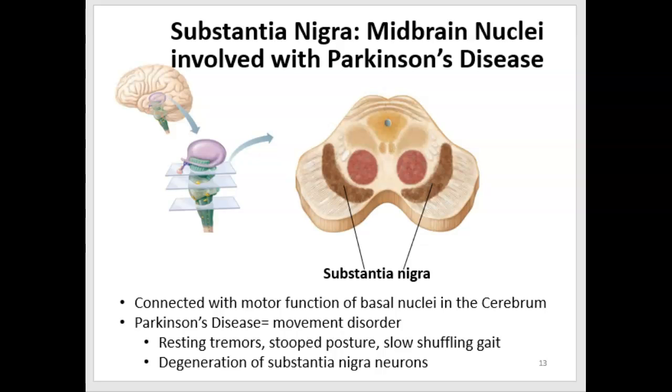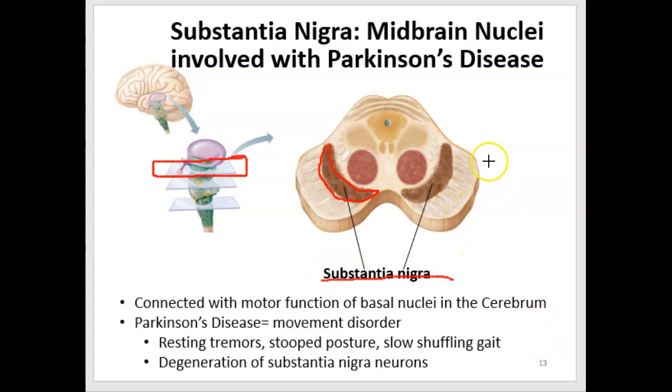Another part of the midbrain that we don't necessarily have to focus on is just slightly superior to the corpora quadrigemina. It's this region that's shaded brown called the Substantia Nigra.